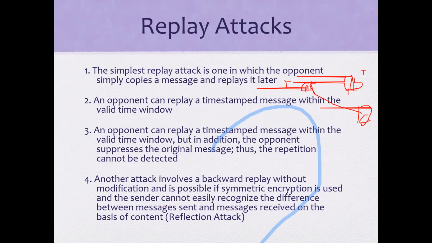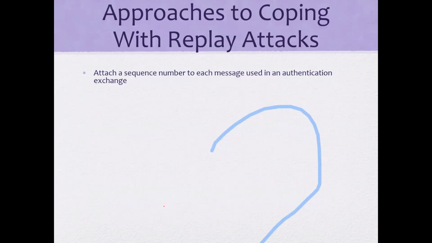If there is any conjunction of the information transmitted between the two persons, then this attack should be overcome with the help of a sequence number. So the major thing to overcome replay attacks is the sequence number.